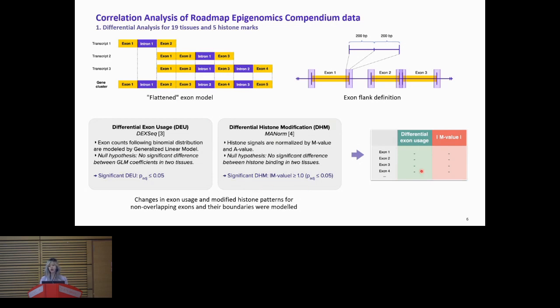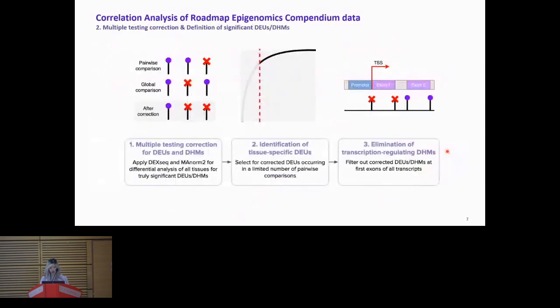So now we have a unique statistic for each exon for two different types of differential features. Like I said before, we have the DEU analysis and 5 different DHM analyses for the pairwise comparison between 19 cells and tissues, so in total the number of comparisons goes up to 1,000 or so.